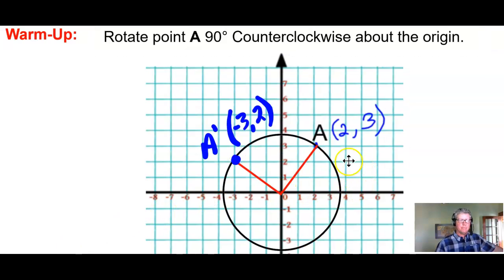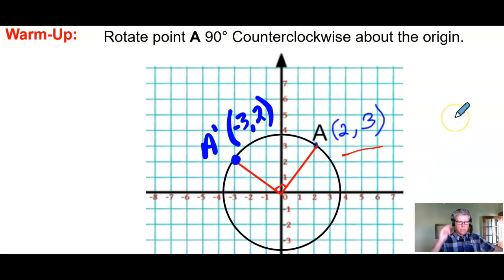And sure enough, there it is. If we take that point and we rotate it 90 degrees, what we're doing is we're making a 90-degree angle right here. Okay. For kicks and giggles, I took this point, (2, 3), and it looks like it became (-3, 2).